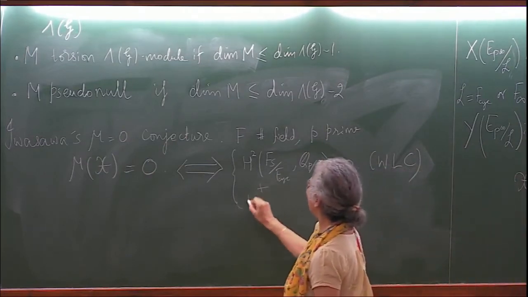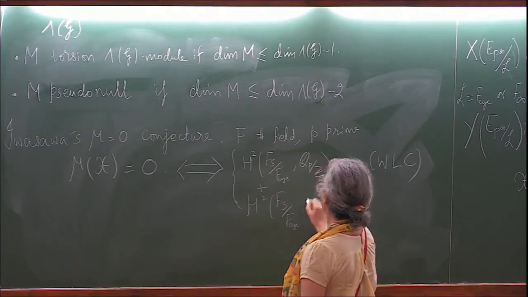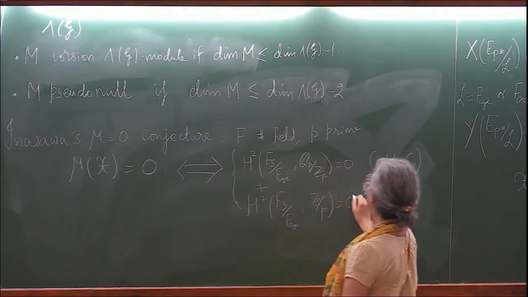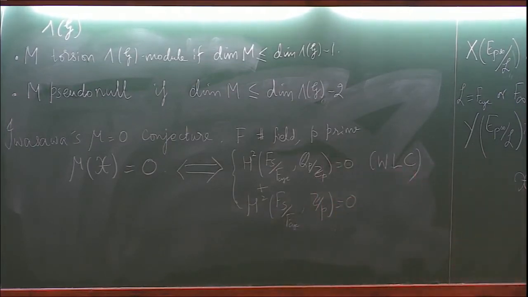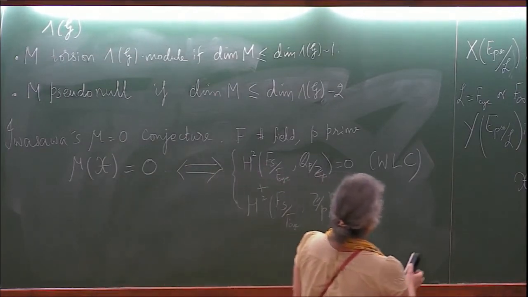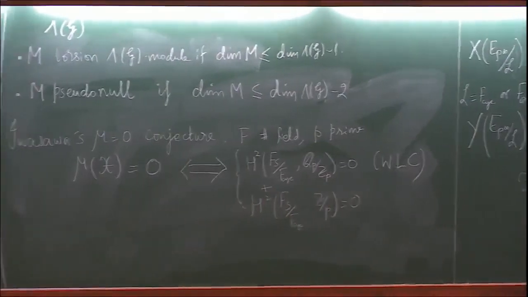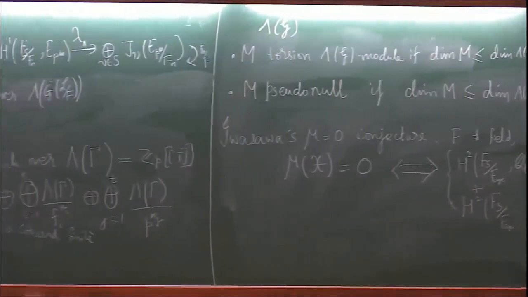Plus H2 of G_S over F cyclotomic, with coefficients Z mod p, is 0. So these two combined together are equivalent to mu equals 0. And now we want to see what can be done for the Selmer groups, because we made this grand analogy between classical Iwasawa theory, the study of Selmer groups and class groups and so on.